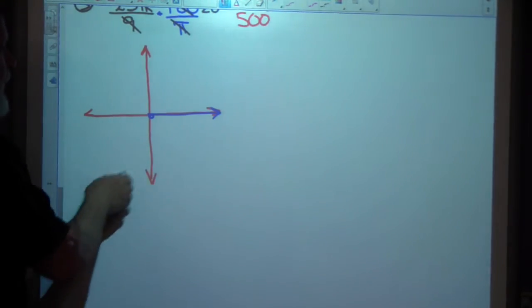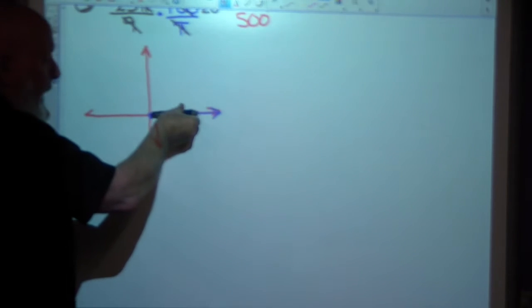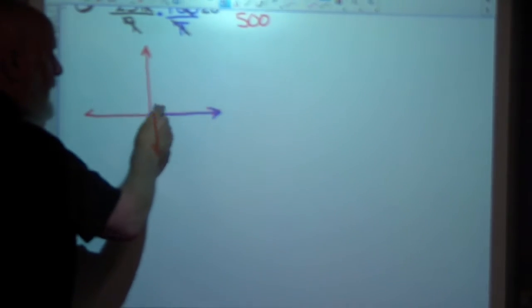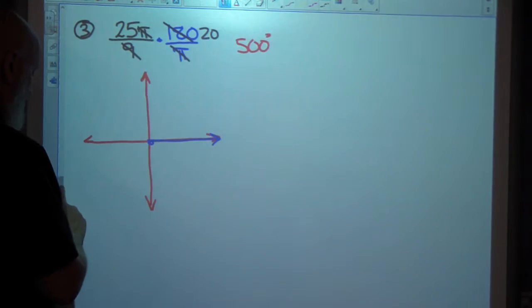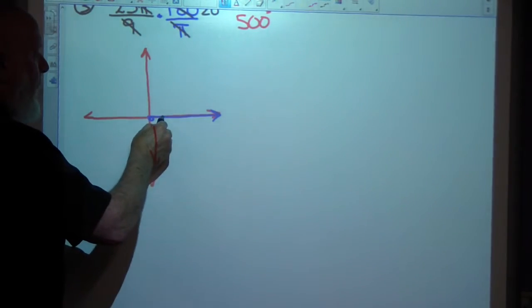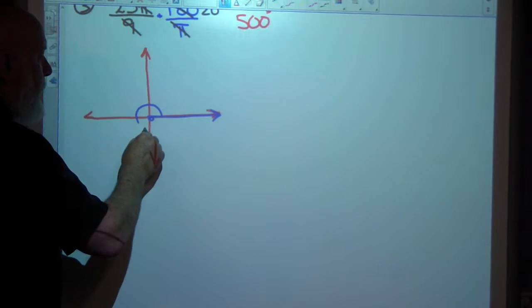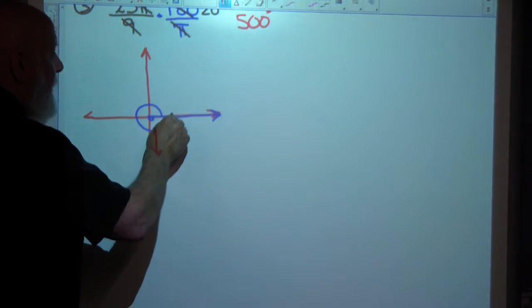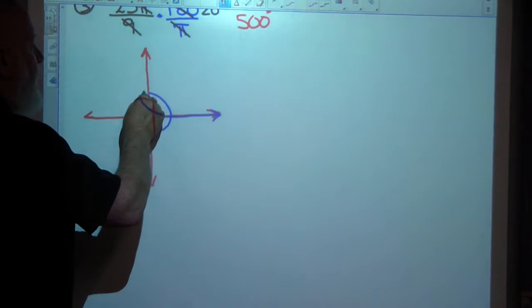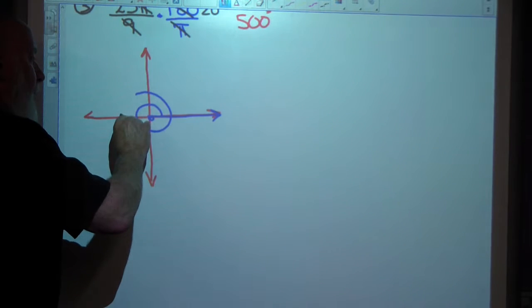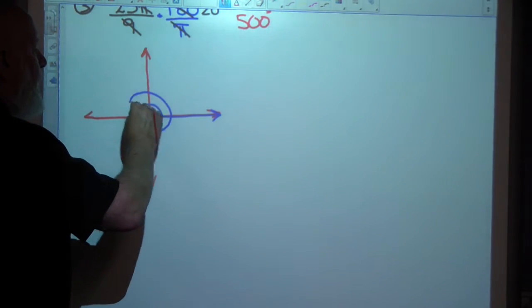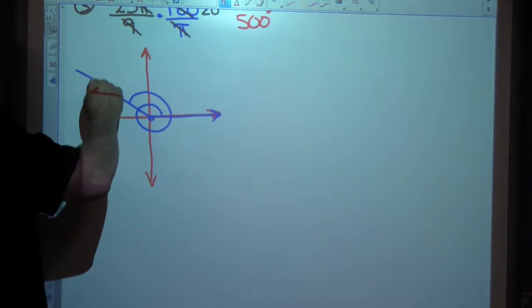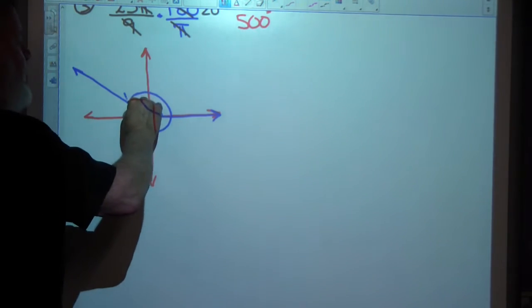So, if this is my initial side and I'm rotating 500 degrees, this is the direction I'm rotating because the number is positive, the angle is positive. And so here we go. Here's 180, 360, 450, 540 would be right here. I'm going to be 40 degrees shy of that. So it'd be somewhere right in there, roughly.